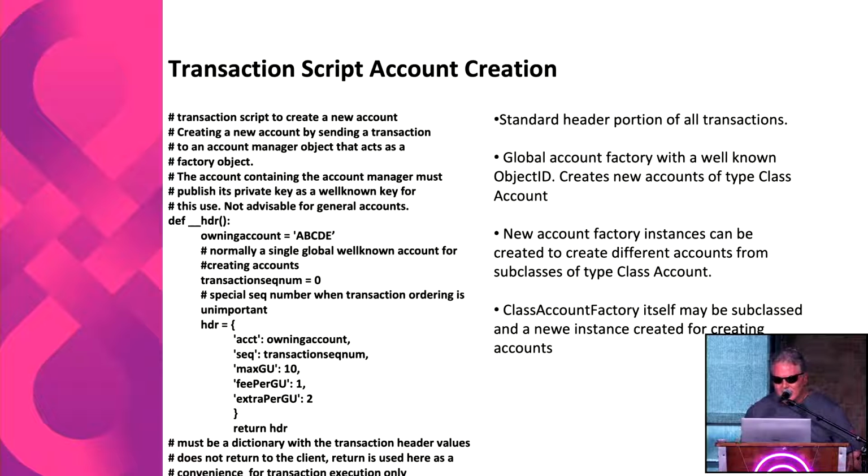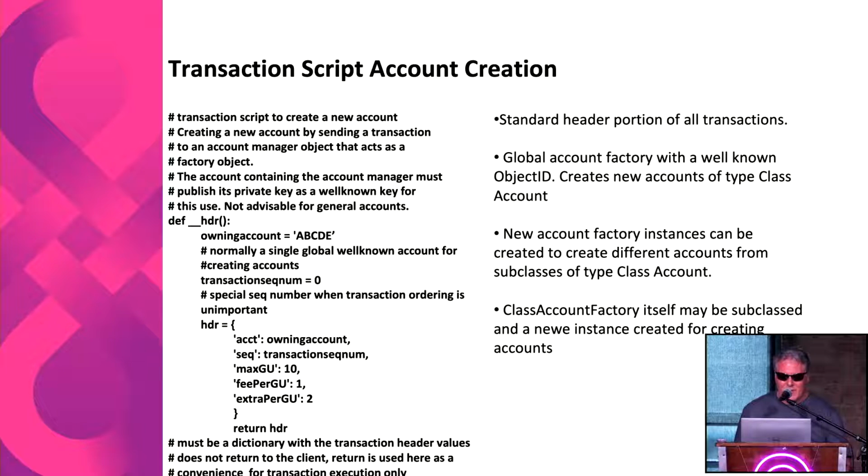So when you send, actually I think the next slide first makes it a little clearer. All it takes then to create a new account is get the object reference to the class account manager, which in this case I've just written as BBBB, but it's a publicly known, globally known permanent OID, object ID.